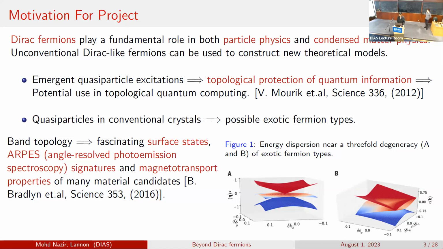So if I were to give perhaps an explicit case of the Majorana fermions, the use of them as emergent quasi-particle excitations would be the topological protection of quantum information. So if you were to consider perhaps a toy model, a theoretical model, which incorporates a one-dimensional fermionic chain called the Kitaev chain, which is infinite in the bulk with a superconducting gap. In the topological phase, you would have exponentially localized zero energy states.